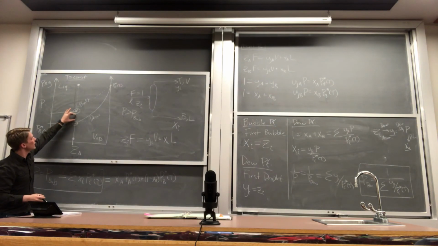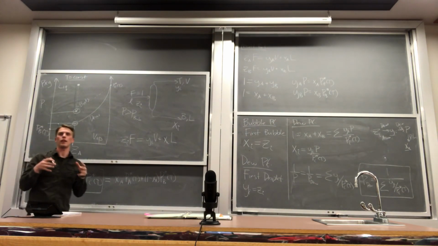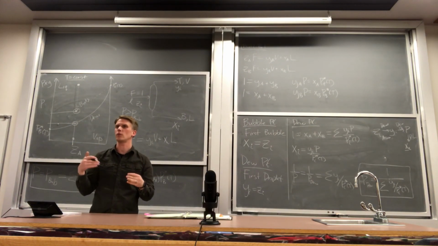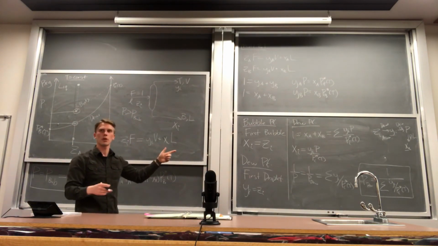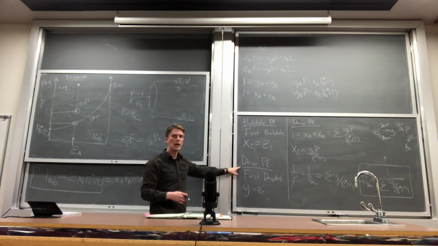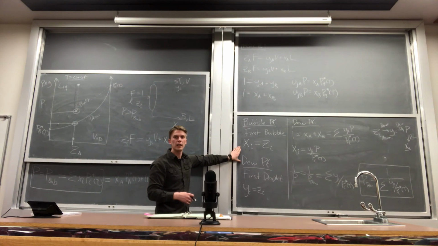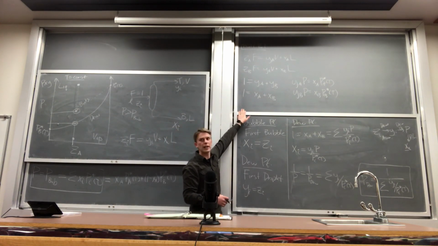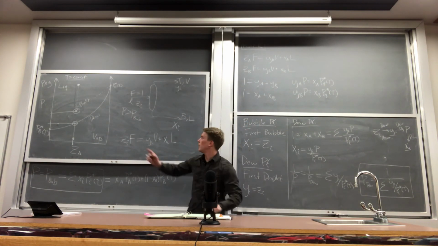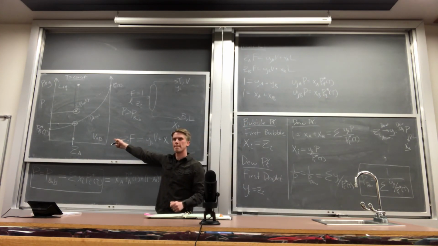If we are somewhere in between in the two-phase region, then we cannot know anything about what x's are and what y's are. The only way we know what x's and y's are for the dew and the bubble curve is because of the assumption that we made here. If these two assumptions aren't valid, we have to do the full form of the flash calculation with 6 equations, 6 unknowns. But we can use the simplified version to generate these curves here.